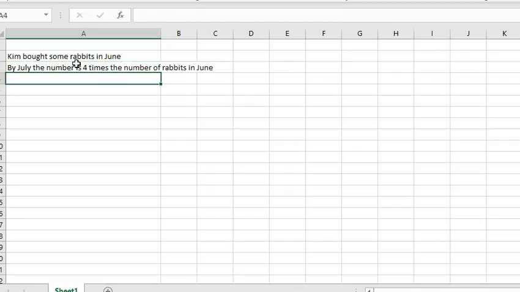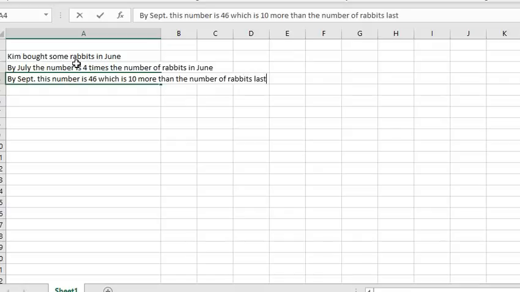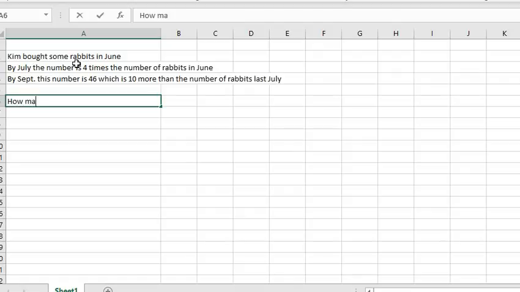And by September, this number is 46, which is 10 more than the number of rabbits last July. And our question is, how many rabbits did she buy last June? So that is our problem.